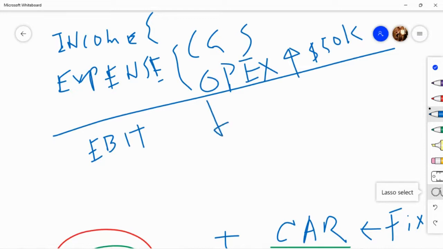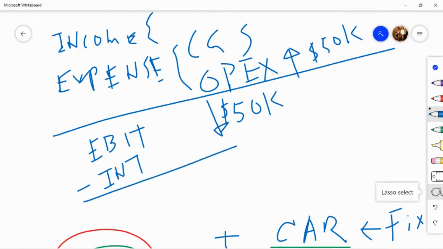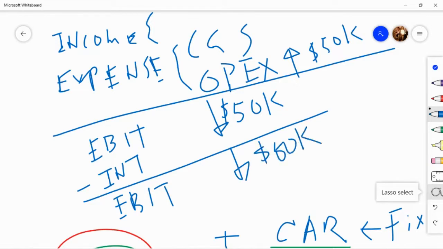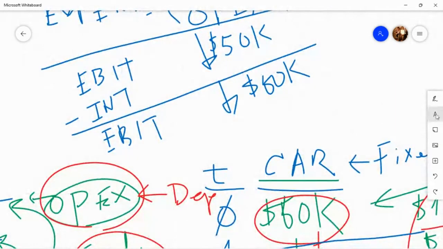That means EBIT will go down by $50K. And then you subtract interest, and EBT, no matter what, still reflects it. EBT goes down by $50K, in other words, taxable income goes down by 50K.